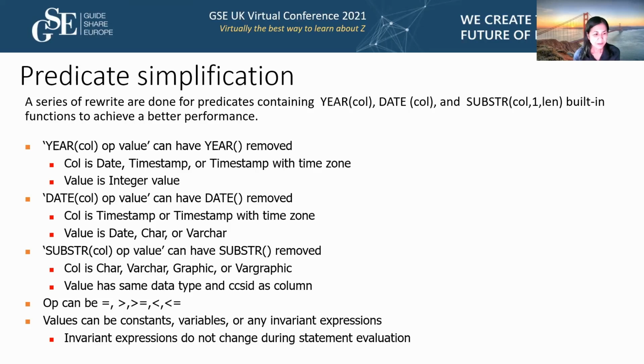The comparison operation can be equal, greater than or equal, or less than or equal. And the values can be a constant, a variable, or any invariant expression. Invariant expressions are expressions that do not change during statement evaluation.